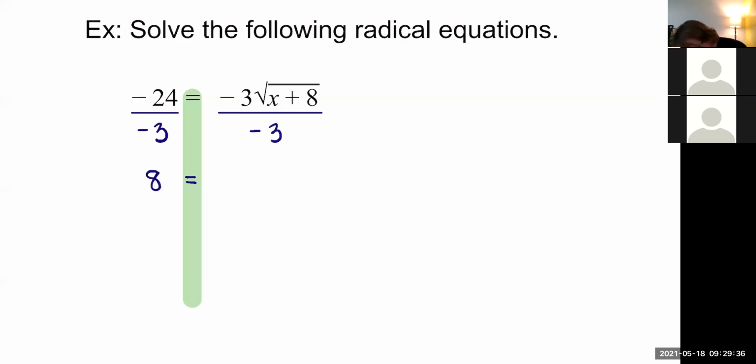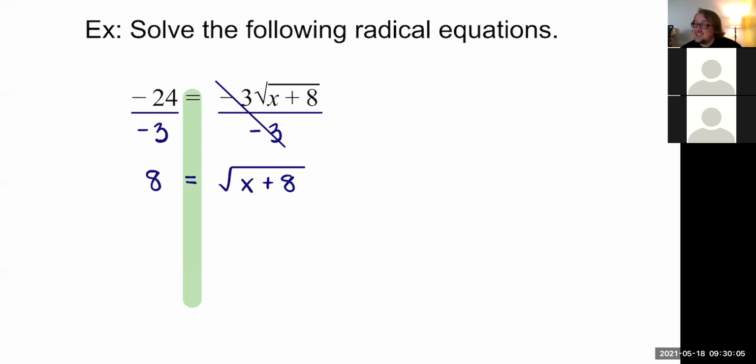Bring down my equal sign. -3 divided by -3 on the right simplifies to a +1, which allows us to hide it, which then makes the radical itself appear to be isolated. So we still have the square root of x plus 8. So step one is done. The radical has now been isolated. What is step two?